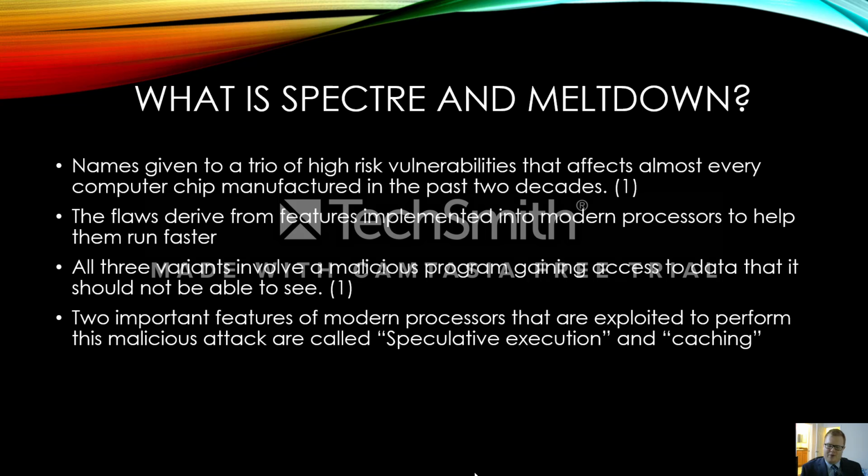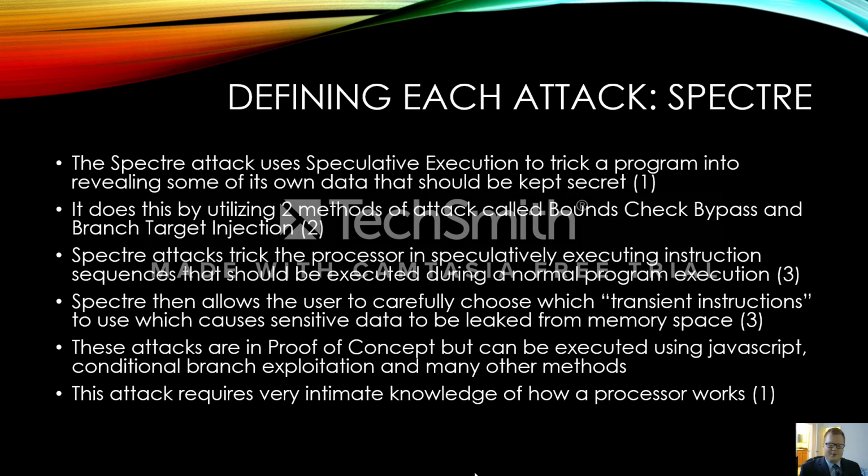All three variants involve malicious programs gaining access to data that normally users wouldn't be able to see, such as kernel memory and kernel virtual memory. Two important features of modern processors that are exploited are called speculative execution and caching, and side channel caching, which we'll talk about in a few minutes.